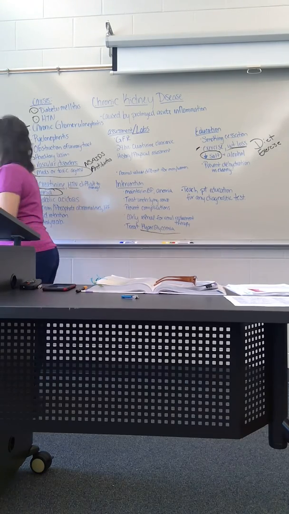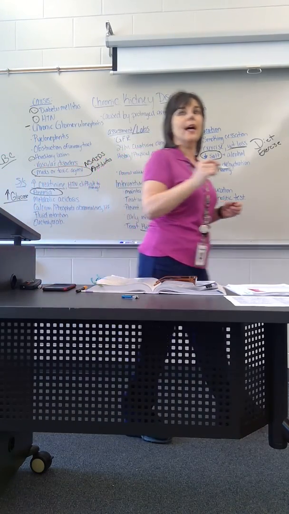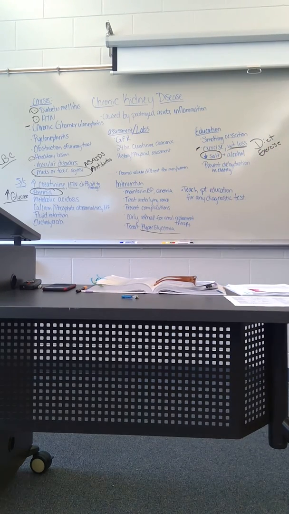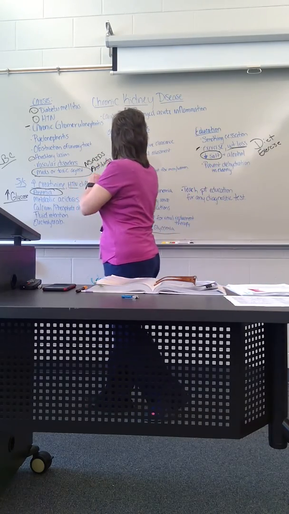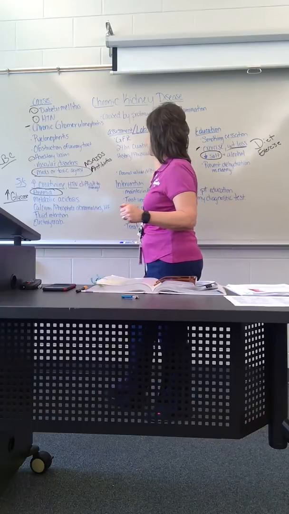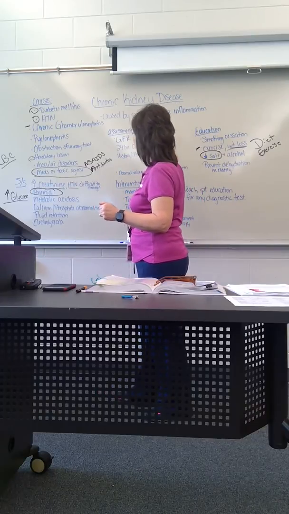We need to look at that hemoglobin and hematocrit, especially that hematocrit, and the red blood cell count. We really need to be focused on that when we're doing our assessment. We've got a few things over here under labs and assessment. I guess I should have put the CBC over here under labs.